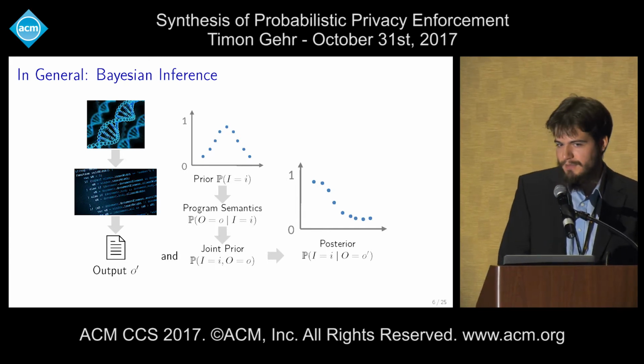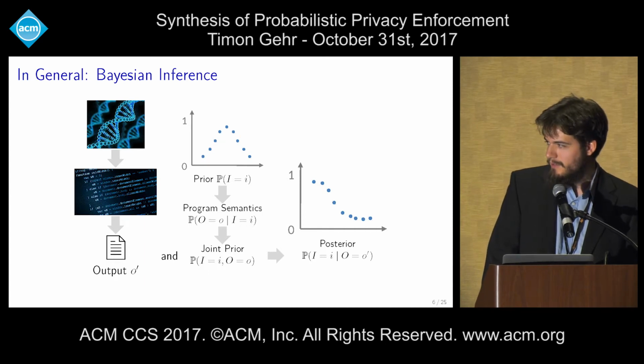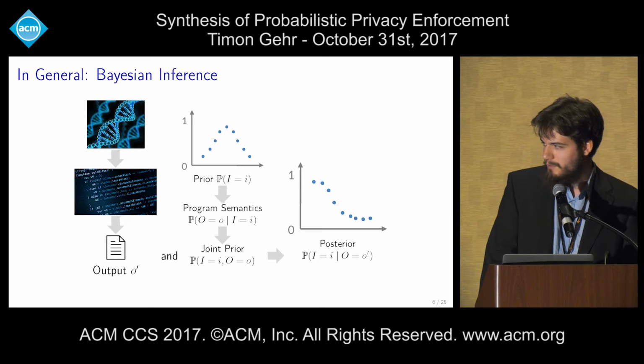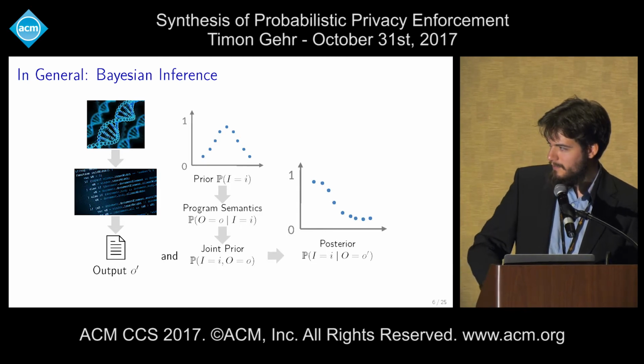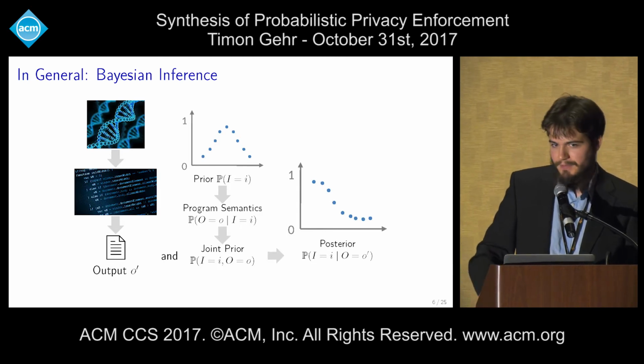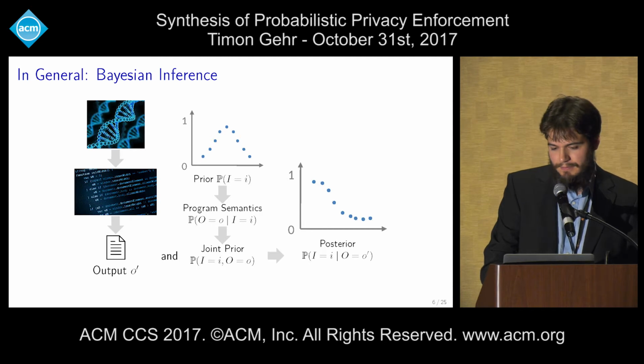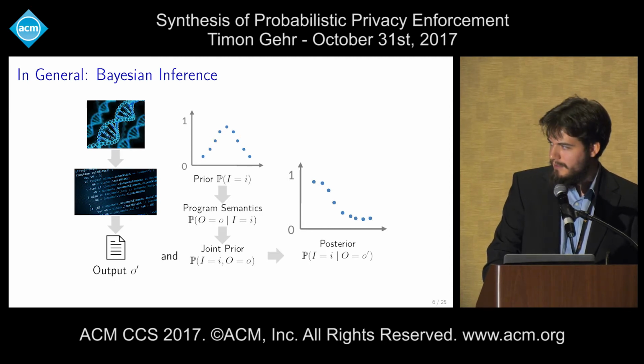And of course, she also knows the semantics of her program because she's written those. Using the prior and the program semantics, she can compute the joint prior on inputs and outputs. And given the outputs that we will tell her, she can then update her prior to get the posterior distribution over possible inputs. And this is the way Eve will reason.